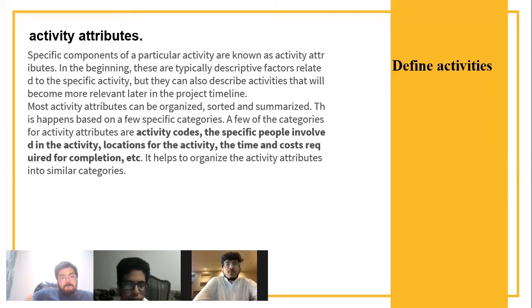This happens based on a few specific categories. A few of the categories for activity attributes are activity codes, the specific people involved in the activity, locations for the activity, the time and cost required for completion, etc. It helps organize the activity attributes into similar categories. Next.